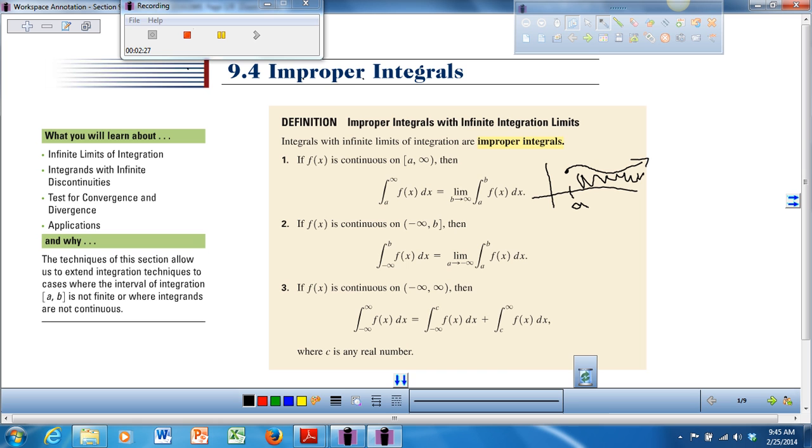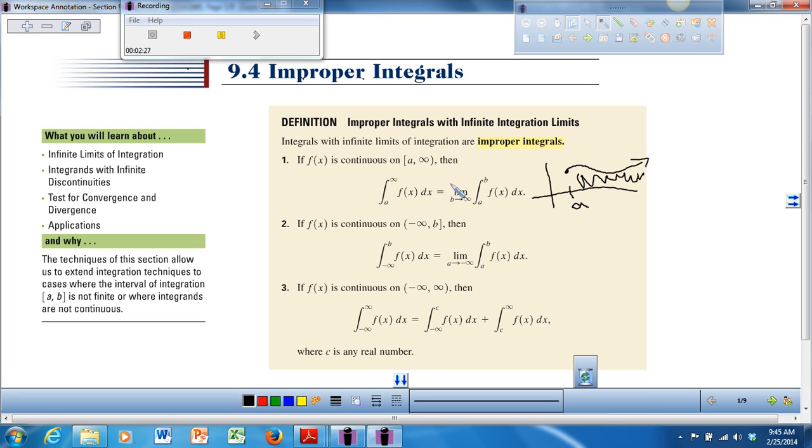And that area could approach a finite value, or it may not. So, generally speaking, if the function converges at the end towards some value quick enough, then our area could approach a finite limit. But if it doesn't, like this one is going to go up forever, then the area under the curve would be divergent.